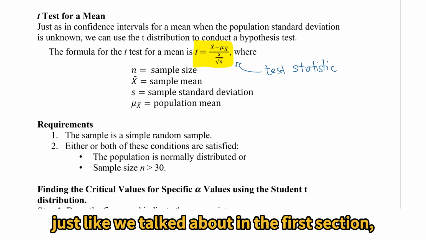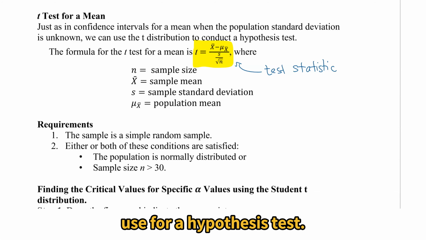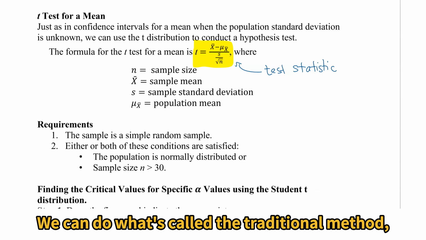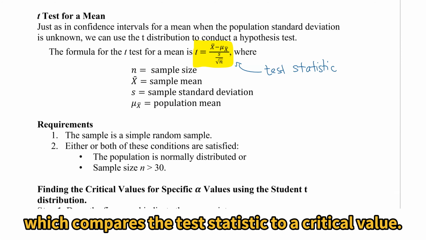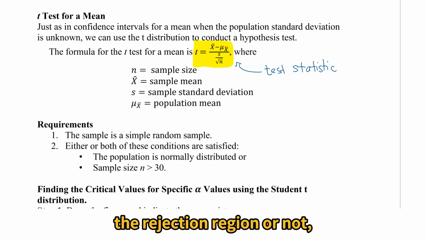And now, just like we talked about in the first section, there are two different procedures that we can use for our hypothesis test. We can do what's called the traditional method, which compares the test statistic to a critical value, and then determines if the test statistic is in the rejection region or not.